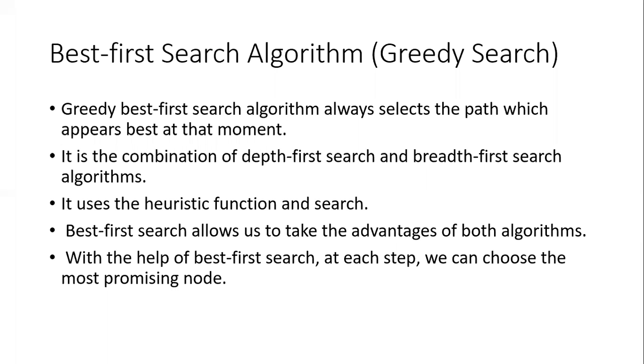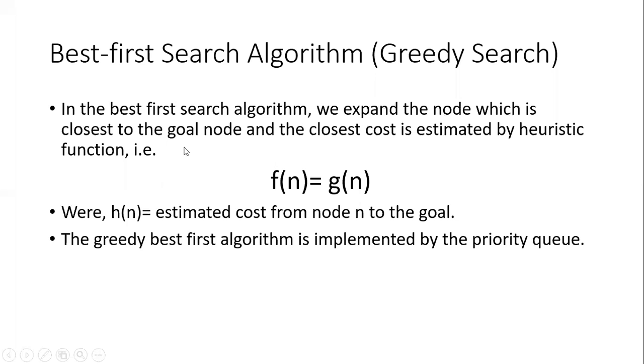Greedy best first search always selects the path which appears best at that moment. Using that heuristic estimate, as it moves, it tries to pick which route to take next based on what appears to be promising.